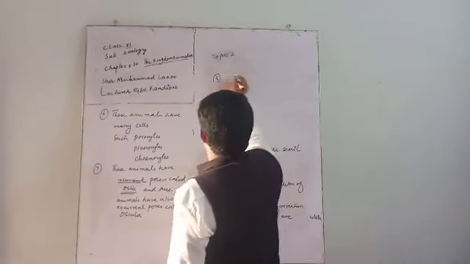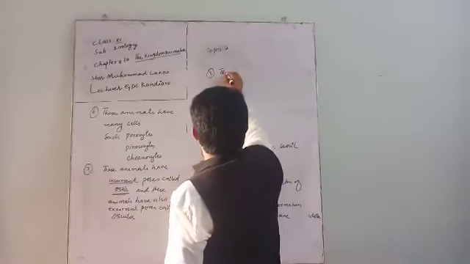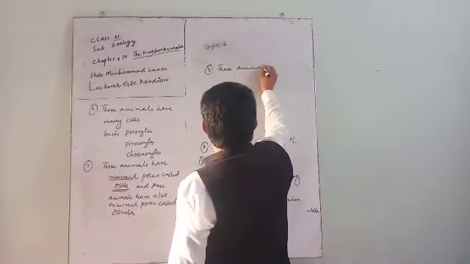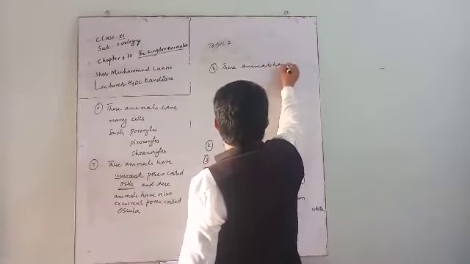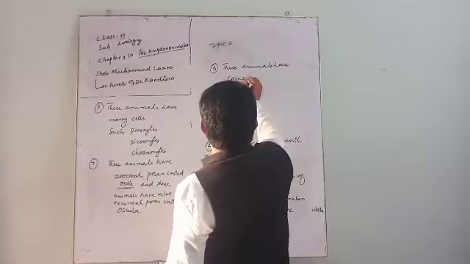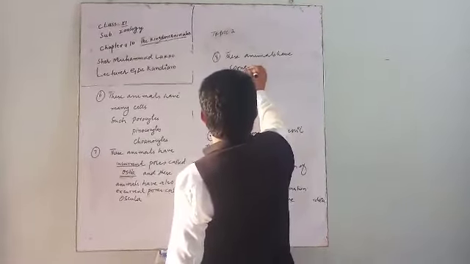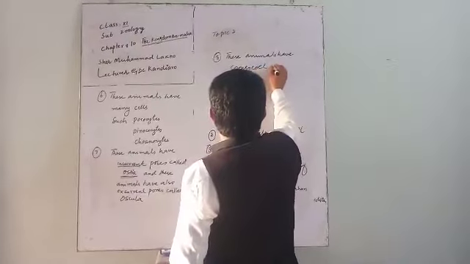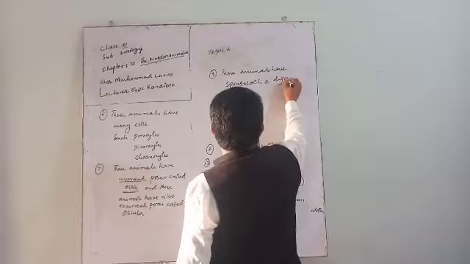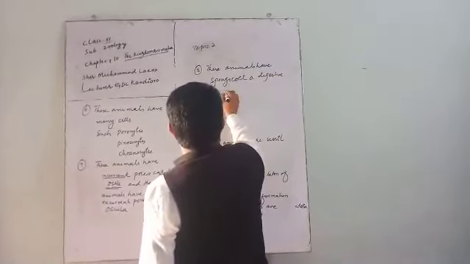Number 8 characteristic of this phylum is that these animals have spongocoel, a digestive cavity.